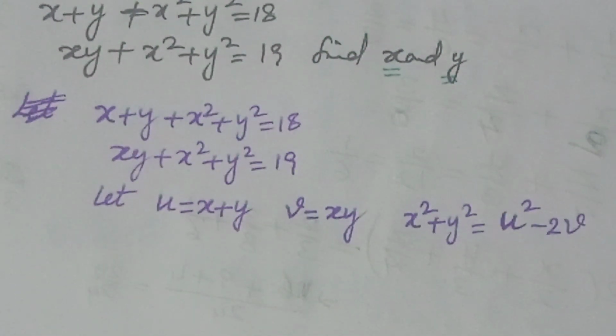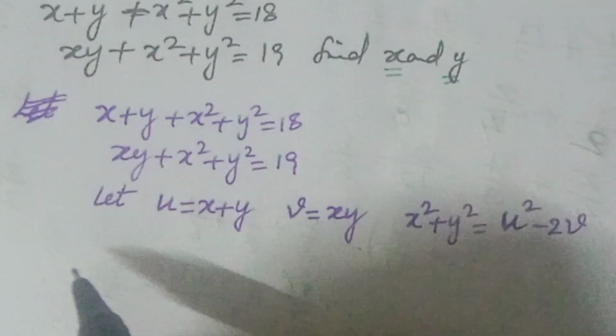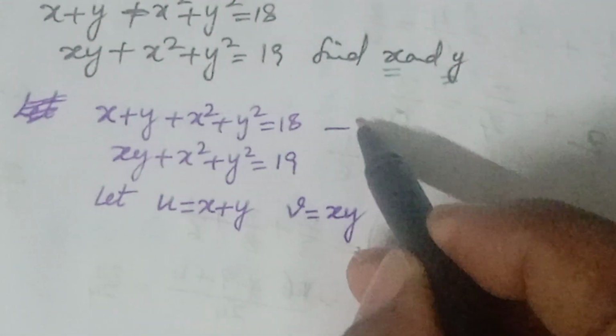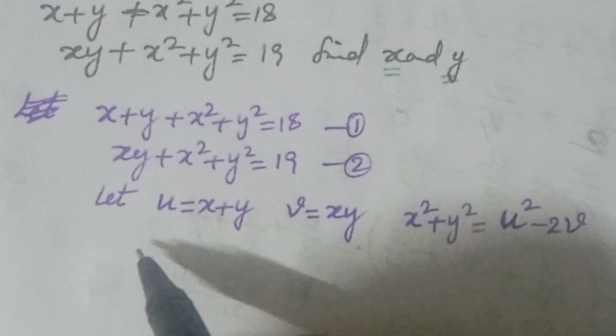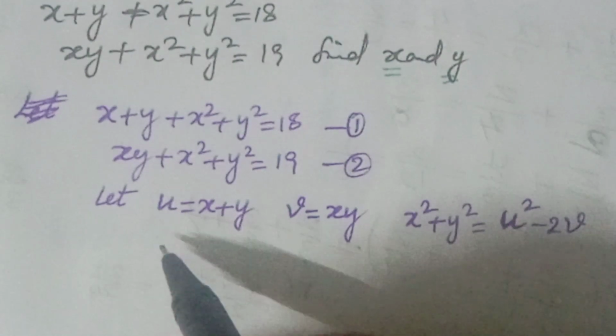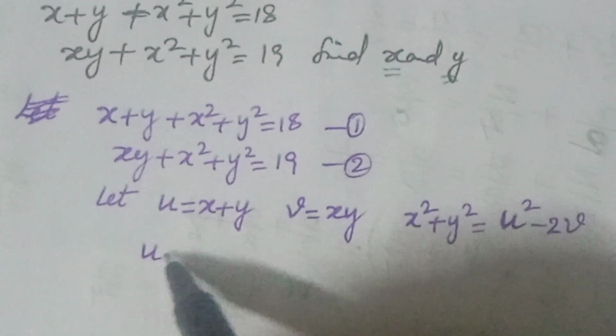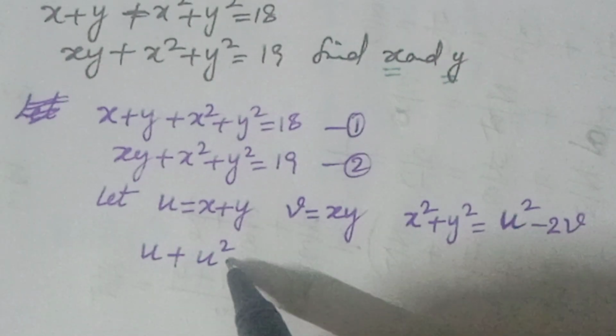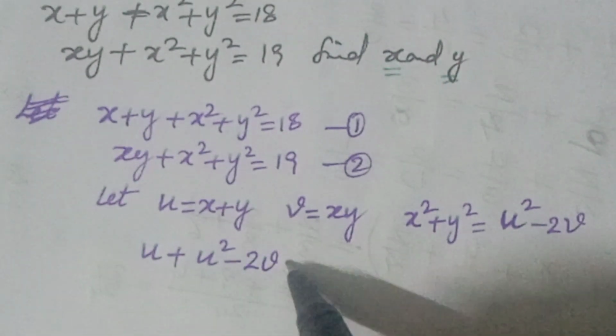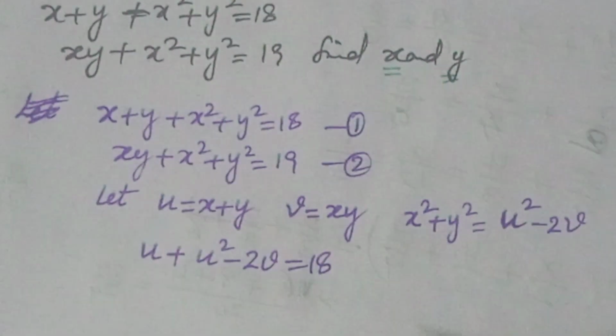So a plus b whole square minus 2ab. Here substituting this value in the first equation and second equation, what will we get? First one you will get u plus u square minus 2v is equal to 18.